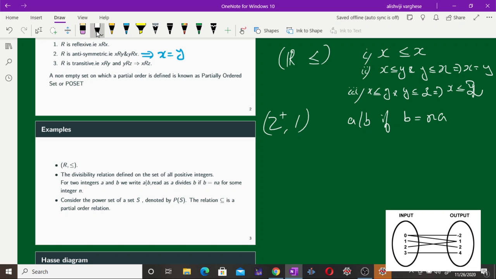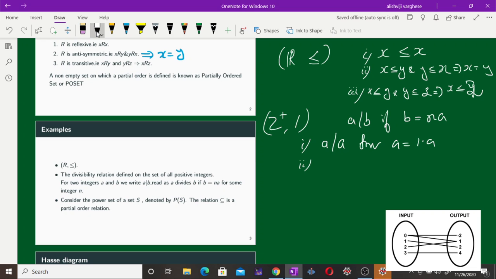To prove this, if you take two integers, say a and b, first case, a divides a, since a is equal to 1 times a. a is an integer multiple of a itself, so a divides a, so that's the reflexive property.